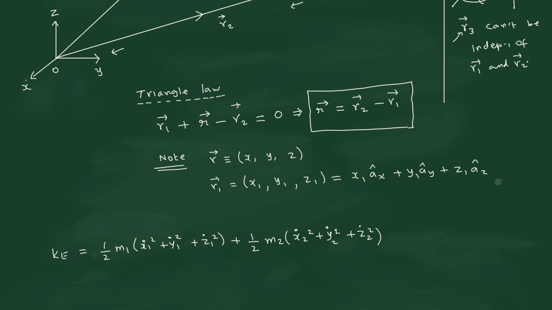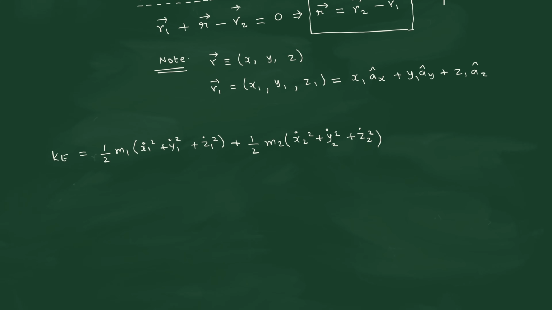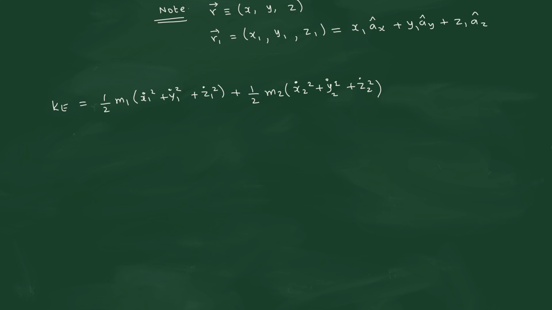So that's the kinetic energy part. Later we will convert it into the spherical polar coordinate system. So to start with, it will be a good idea to start with Cartesian system, and then we can move along later.